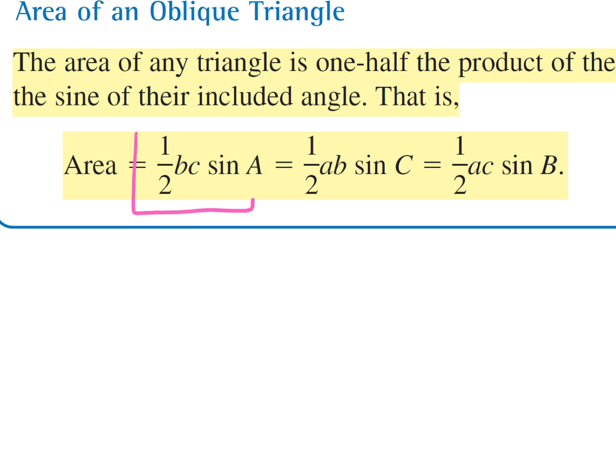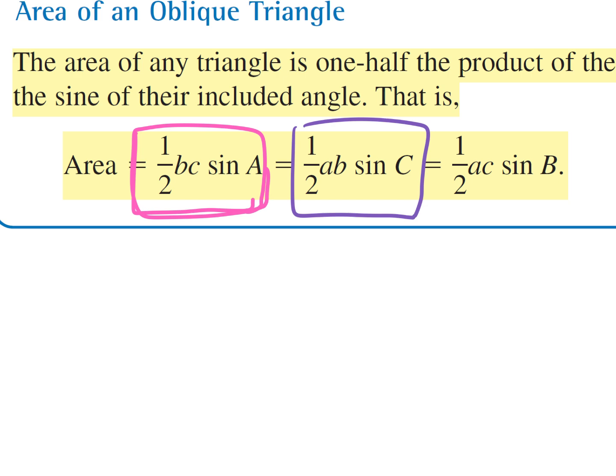So it's 1/2 side B times side C times sine of angle A. Or it's 1/2 A times B times sine of C. Or it's 1/2 A times C times sine of B. So notice how it's the two sides times the third side's angle.